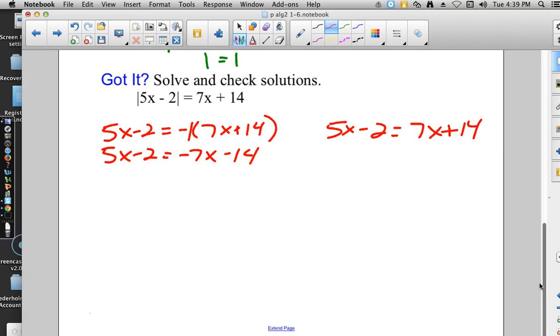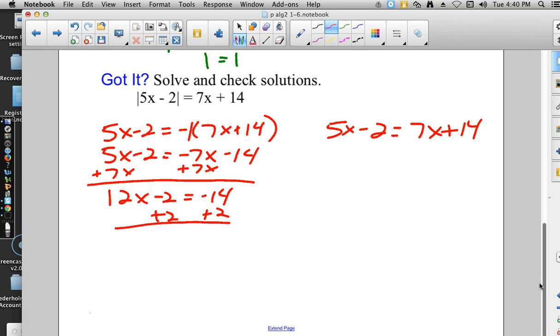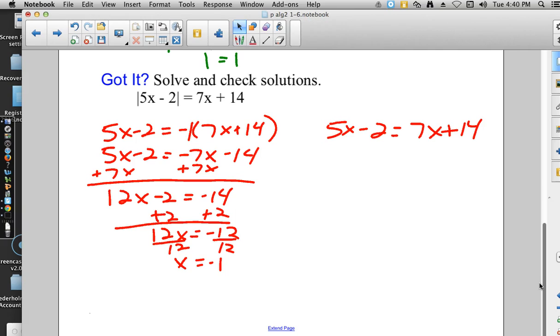And then I would go ahead and add 7x to both sides, and that would be to keep my variables positive. And then I would add 2 to both sides, so 12x equals negative 14 plus 2 is negative 12. Divide by 12, and x equals negative 1. Maybe. We'll have to check that out in a little bit.